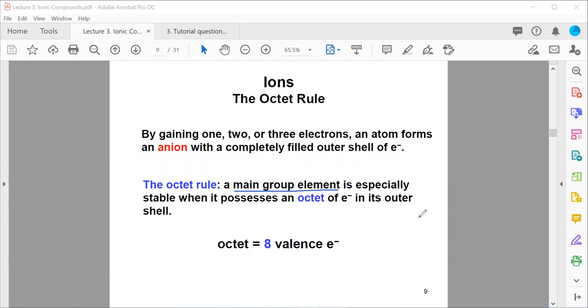So remember groups 1A through to 8A, which means the first 2 groups on the left side of the periodic table, and then on the right side, groups 3A through to 8A. They're all referred to as the main group elements. All right, so the octet rule means that a main group element is particularly stable when it possesses an octet of electrons in its outer shell, where an octet equals 8 valence electrons.